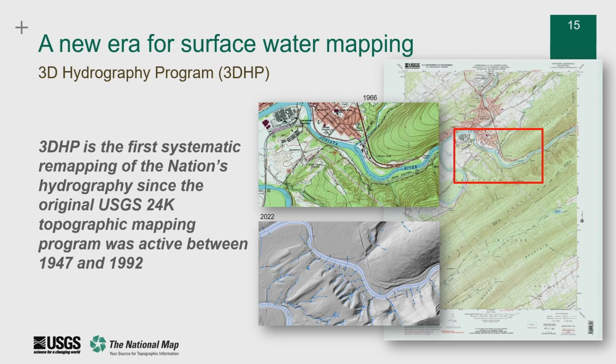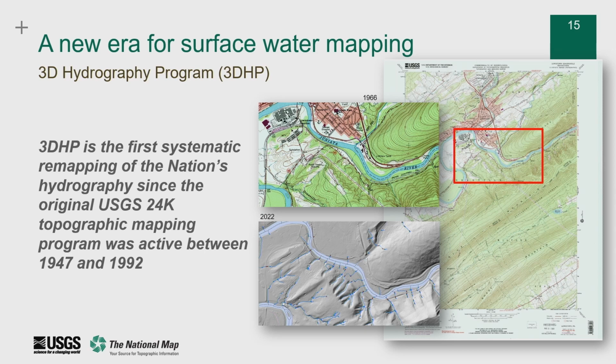It's really going from those topo maps to something that not only is a higher resolution, but is integrated with our elevation data. That is the primary focus, I'd say, of what our 3DHP program is right now.